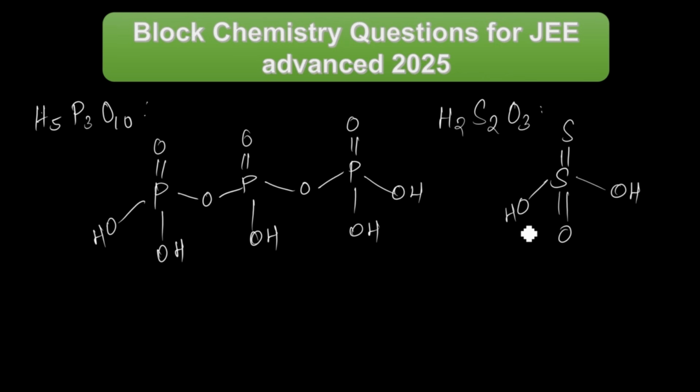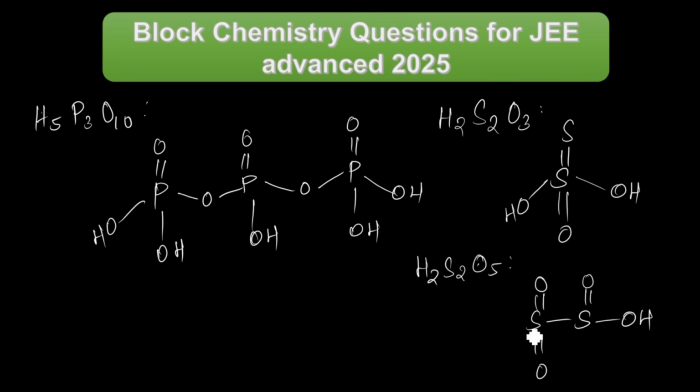Okay, here the oxygen is not acting as a bridging element. Then the last one, H2S2O5, where the structure is having S double bond O, S is bonded with another S, double bond O, OH, OH.